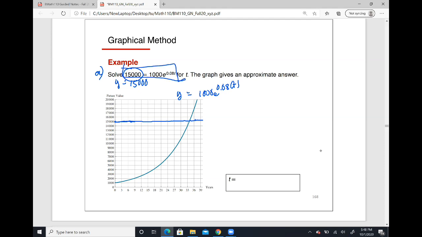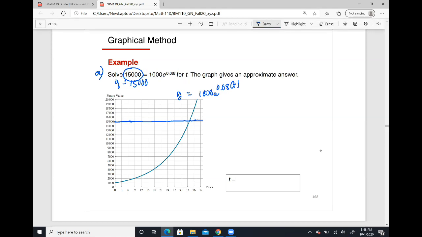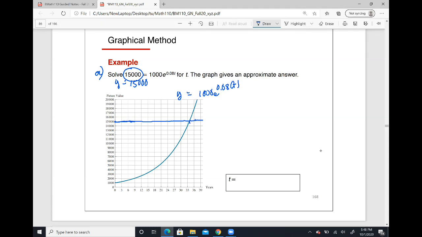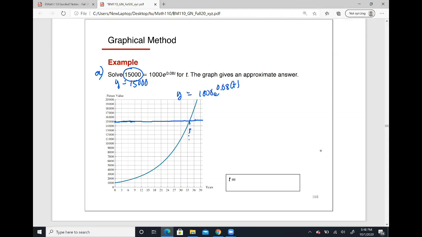So then I will estimate this will be, I think it's still about 33 years something.